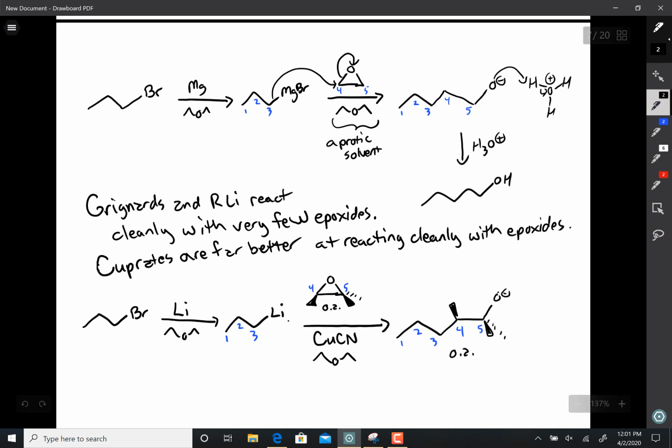And then you protonate. That protonation step is a separate step where you have to add the H3O plus.